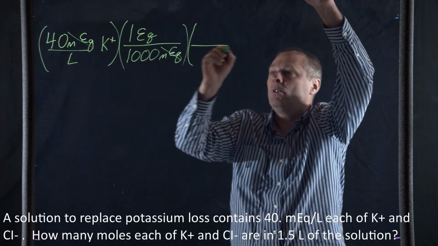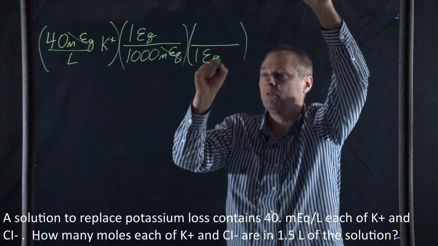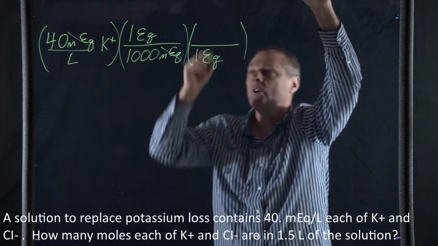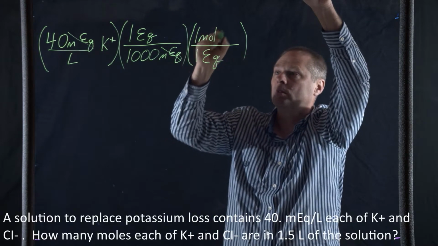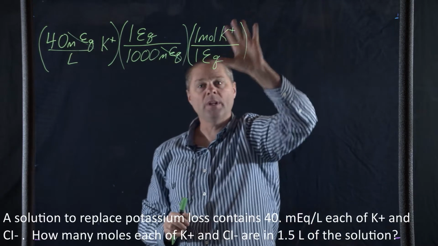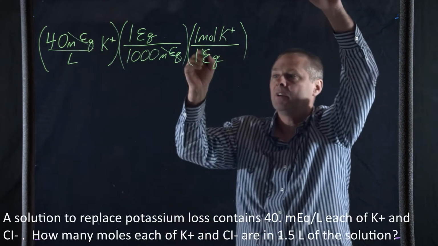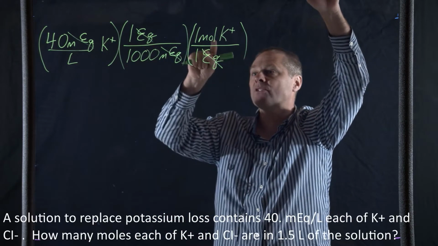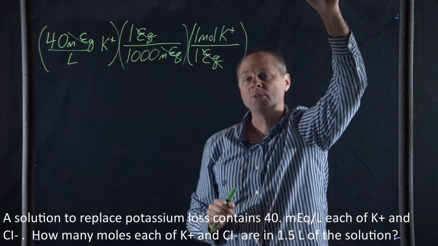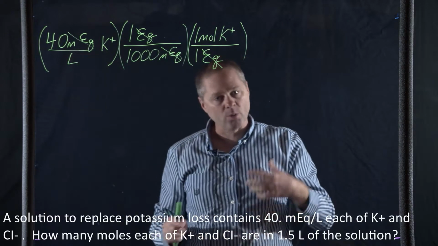And we know that for every 1 equivalent, we have 1 mole of potassium. Now there's a table in your book that will give you the number of equivalences per mole of ions. All right. Now the equivalents will cancel, and so now we're in moles of potassium. However, we still have this liter. What are we going to do with the liter?